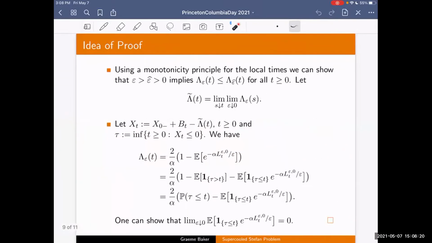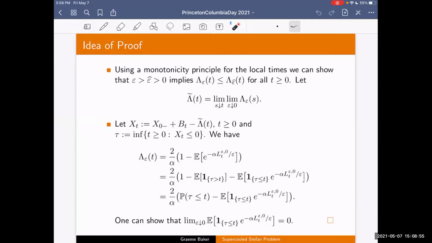And so we have time for just a little idea of the proof. So there's a monotonicity principle for the local times that gets upgraded to give us monotonicity for the lambdas as epsilon decreases. So we can take a limit in epsilon, and then we make our conjectured limit lambda tilde right continuous. And then we look at this process, which is a Brownian motion with drift lambda tilde and the stopping time tau.